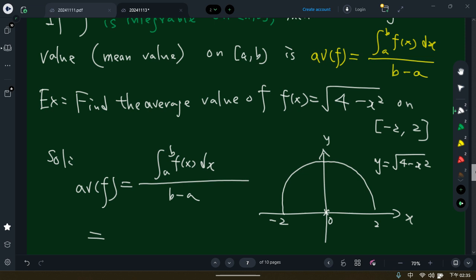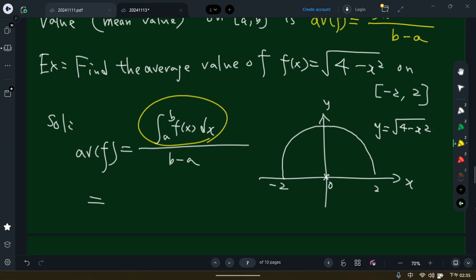At this moment, maybe you will say, I don't know how to calculate it. Here is minus 2, this is 2, right? Based on the formula, we still don't know how to do the integration for this one. But you can see this function is positive.